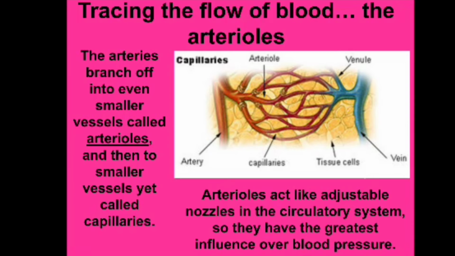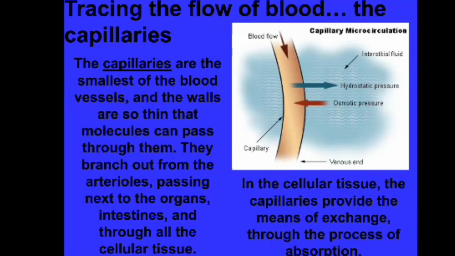The arteries branch off into even smaller vessels called arterioles and then to smaller vessels yet called capillaries. Arterioles act like adjustable nozzles in the circulatory system, so they have the greatest influence over blood pressure.